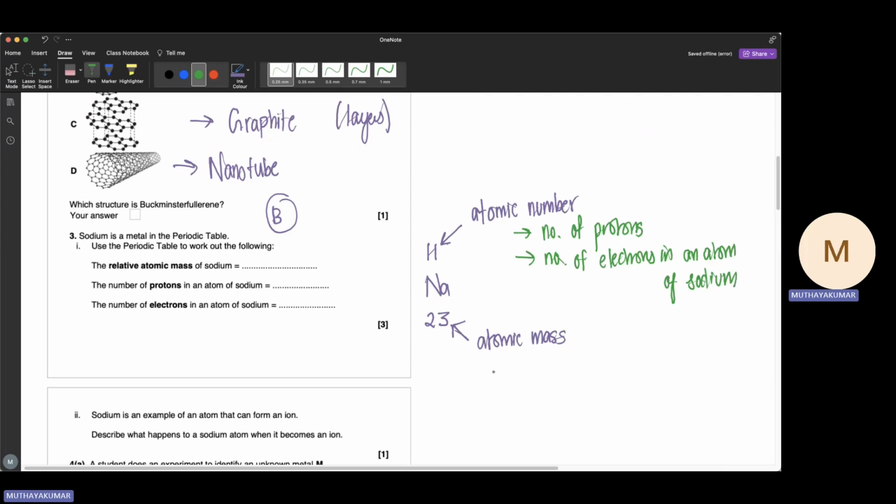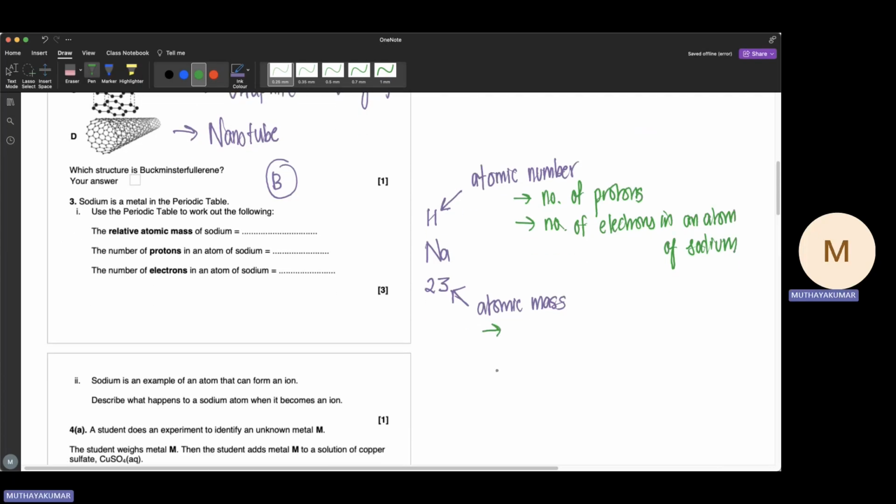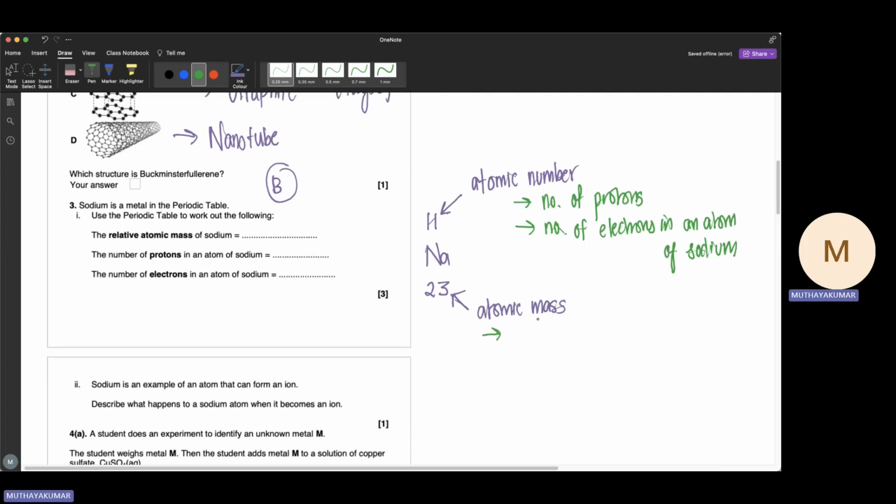The atomic mass tells us the number of protons and neutrons combined in an atom of sodium. So it's the total number of protons and neutrons added together.